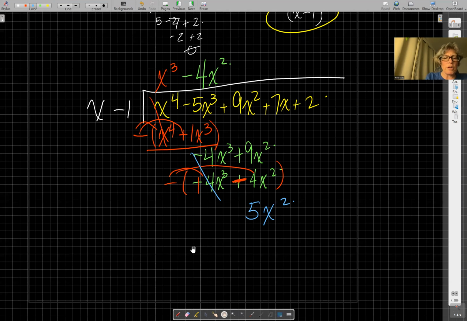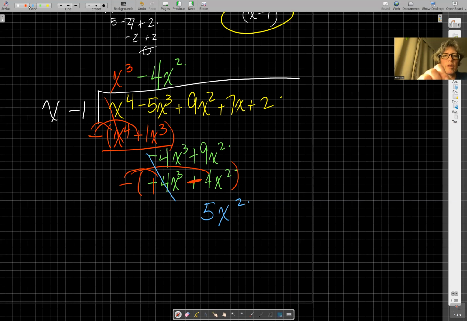So we're going to keep going here. And so now we're going to have plus 5x, and we're foiling. And that's going to be negative 5x. Oops, I forgot to bring something down. Hang on.